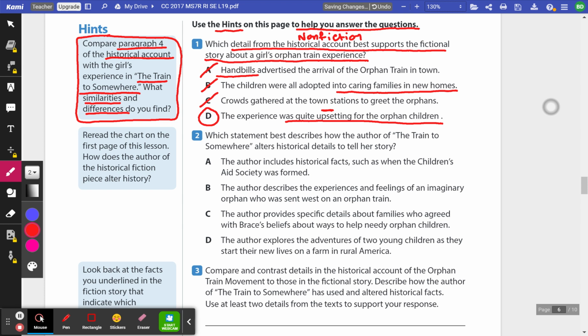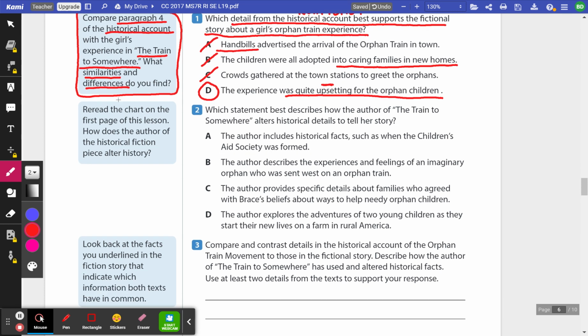Let's look at the hint that goes with it first. So the hint says, reread the chart on the first page of this lesson. How does the author of the historical fiction piece alter history?